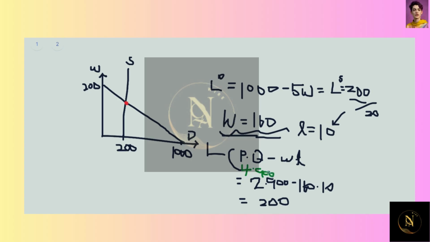Okay. And minus this new wage, which is 320, times 10. So it is going to be 3,600 minus 3,200. So 400. So the profit will double.